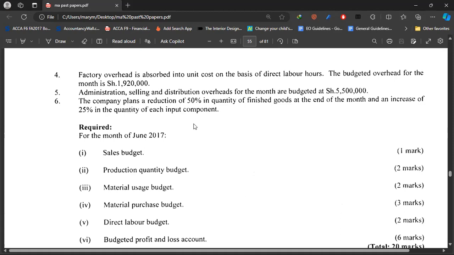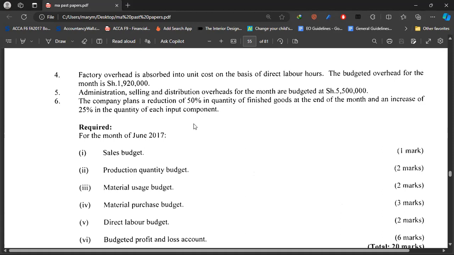Administration, selling, and distribution overhead for the month are budgeted at 5,500,000 shillings. The company plans a reduction of 50% in quantity of finished goods at the end of the month and an increase of 25% in the quantity of each input component.